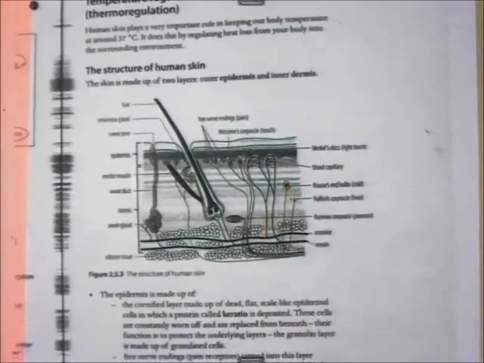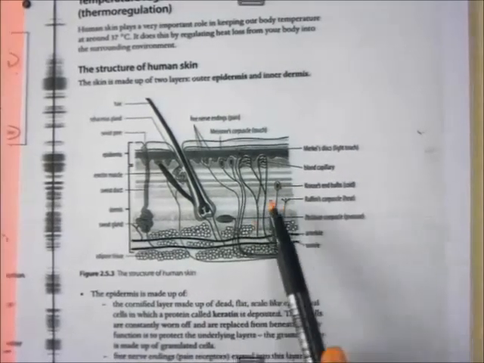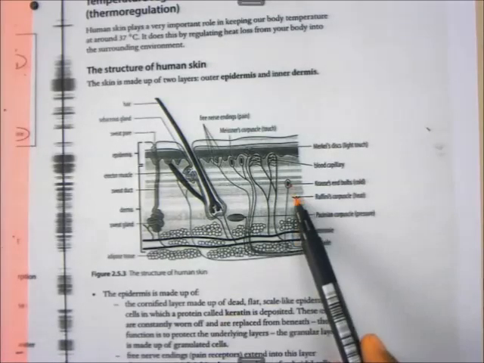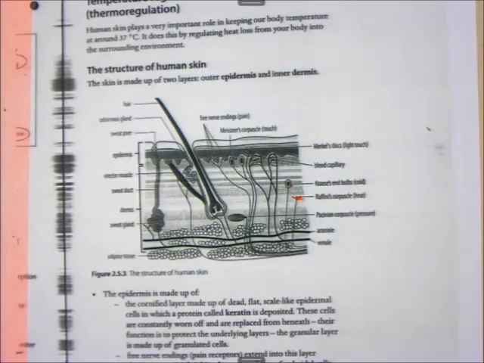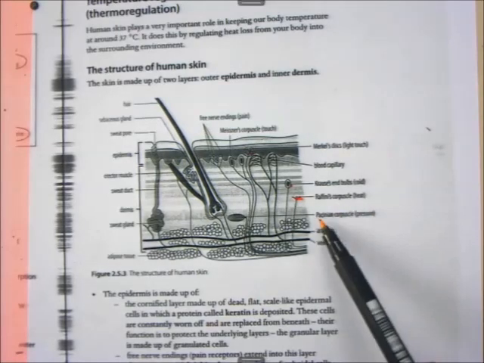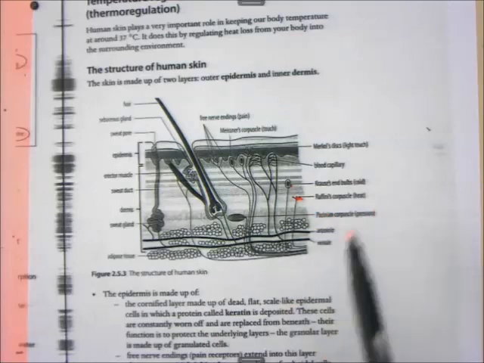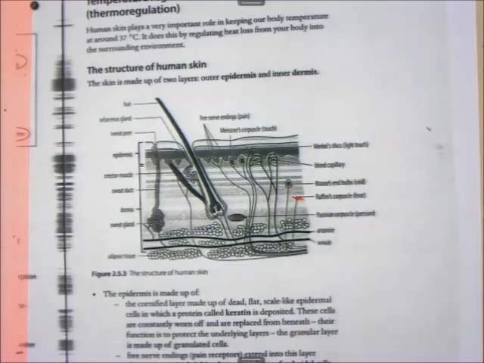A Krause corpuscle is a corpuscle that responds to cold. We do have another receptor here which is called the Ruffini corpuscle or the heat receptor. This receptor detects heat as a stimulus.